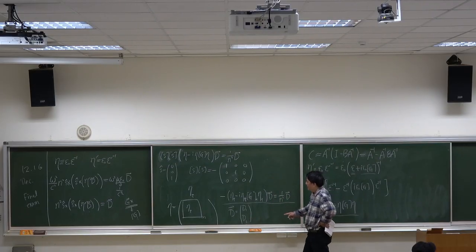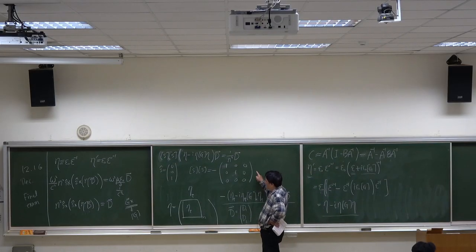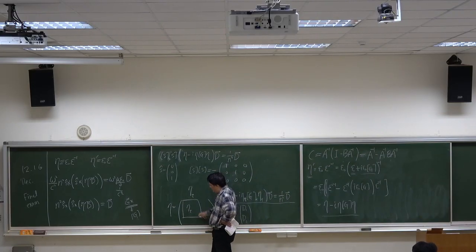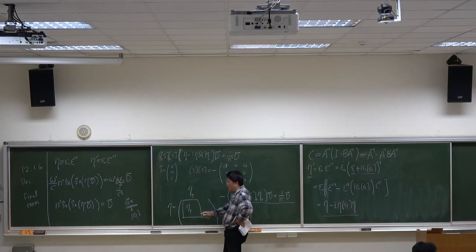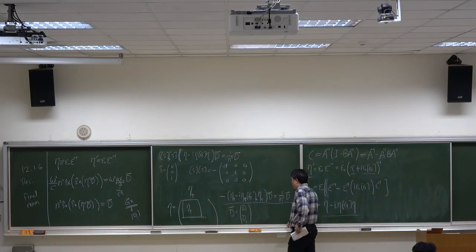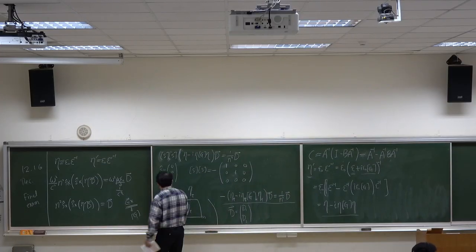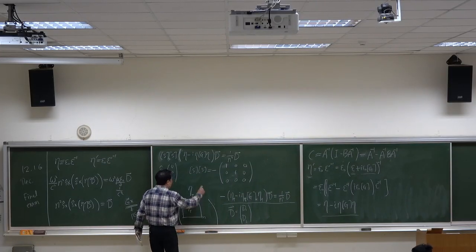In this case, only the 2 by 2 part of the eta matrix is useful.